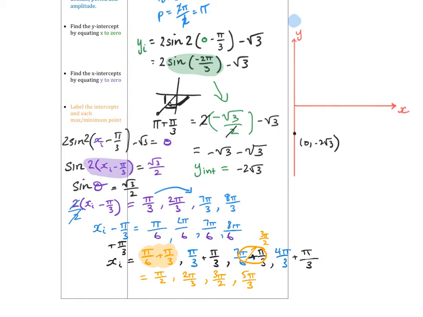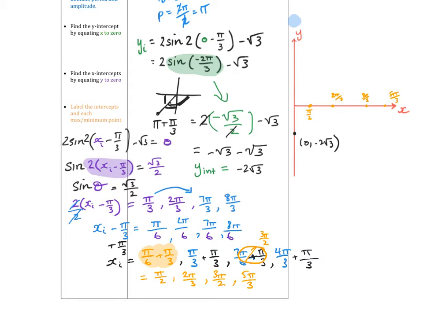So I know here I've got my first pi on 2. I know here I've got 2 pi on 3. Then I've got 3 pi on 2. And my last thing being 5 pi on 3.